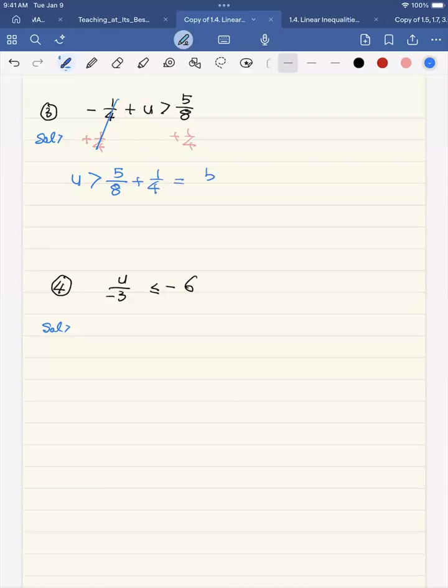So it is 5/8 plus 2/8, because I multiplied by 2 on the numerator and the denominator. Then that'll be 5 plus 2 over 8, which is 7/8. So we have u greater than 7/8.